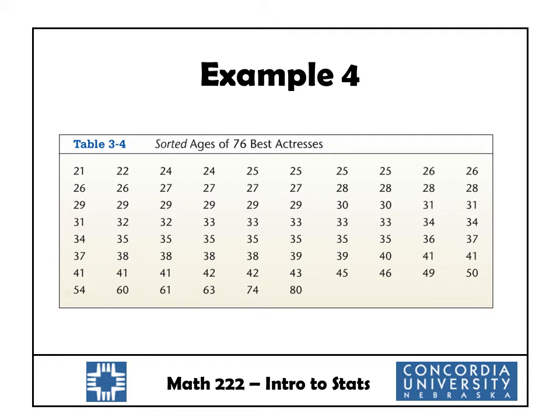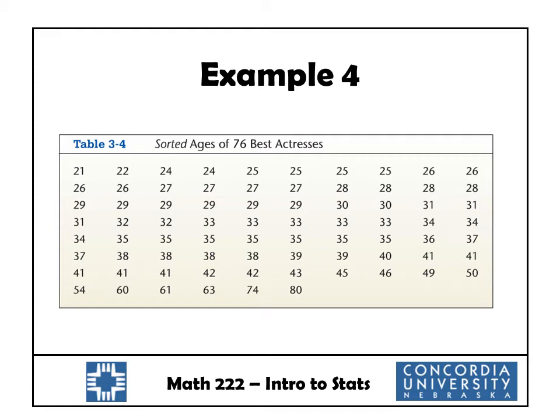So looking back at our table, we see that the age of 50 occurs in the bottom left-hand corner. And so we need to count the number of values less than 50. Well, we could do that, or another way to do it is count the number of values that are greater than or equal to 50 and subtract that from 76. So we have 1, 2, 3, 4, 5, 6, 7 values greater than or equal to 50.